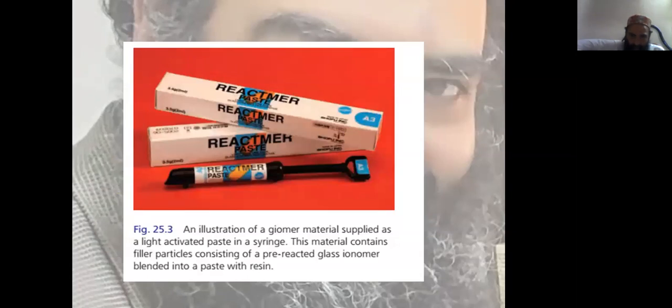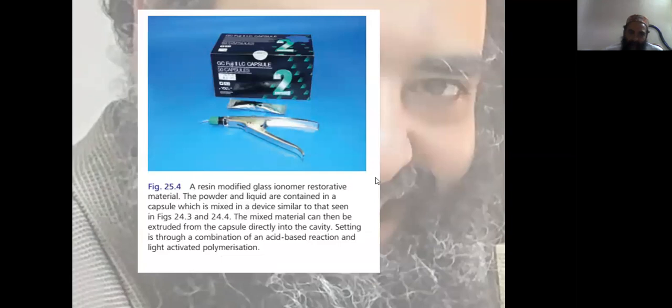So this is the giomer, single paste presentation, a syringe. The name is Reactmer. And this is a resin modified glass ionomer material, powder and liquid.